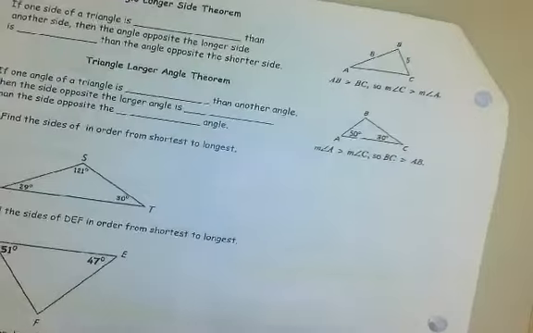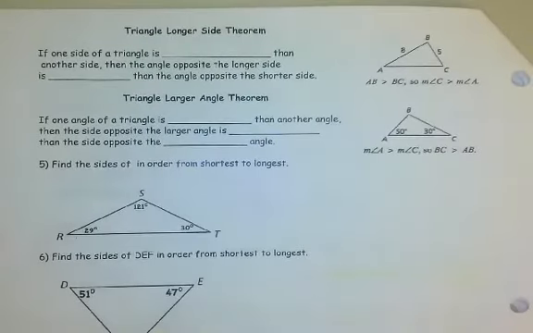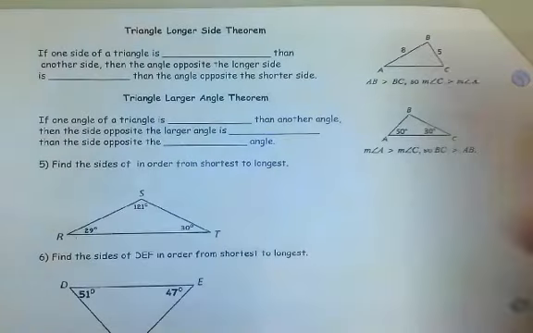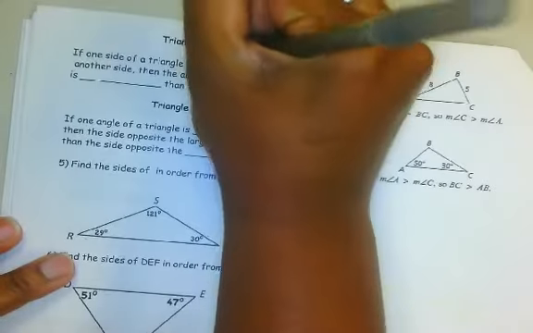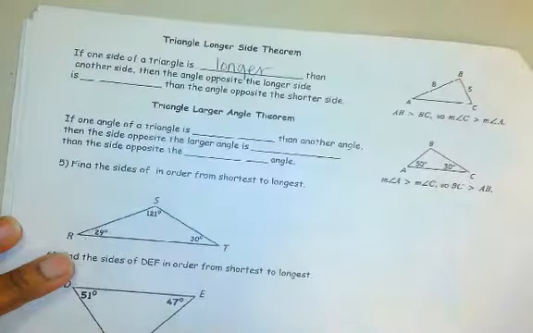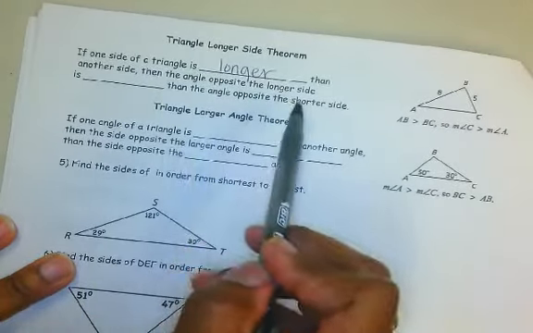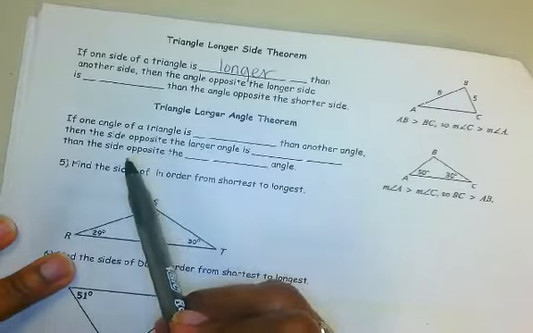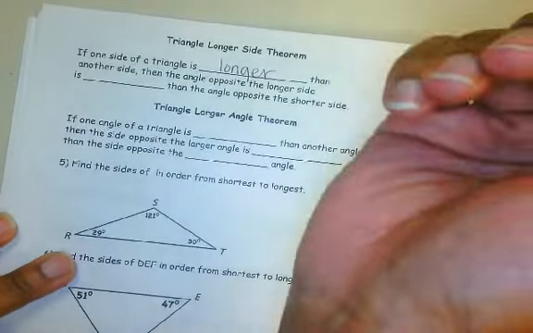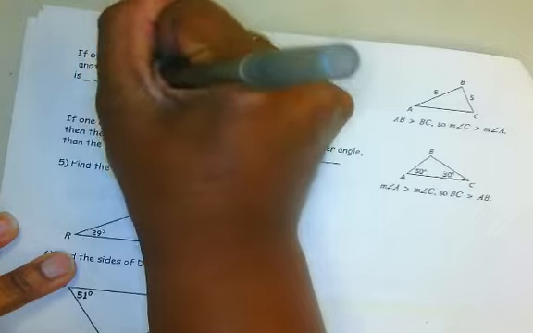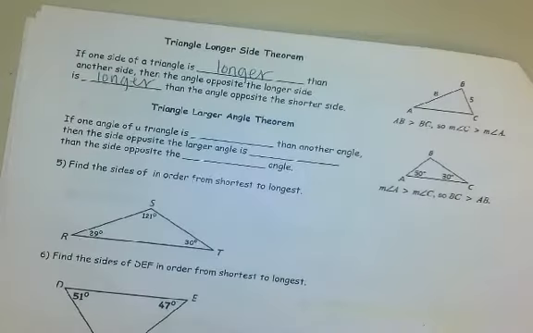All right. Now we're going to talk about triangles and their sides. Okay, so if one side of the triangle is longer than the other side, then the angle opposite the longer side is larger than the angle opposite the shorter side.